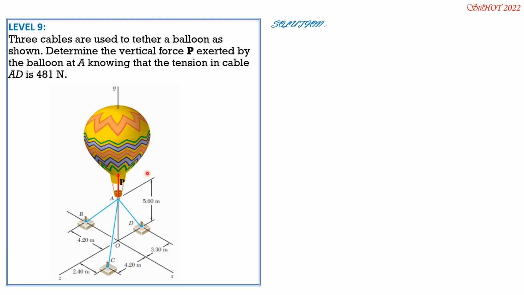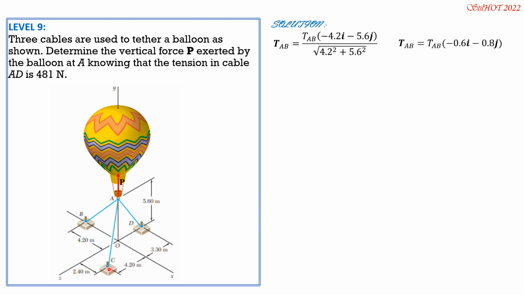Tension AB first. Take note the orientation of the axis is different. Tension AB in vector form is the magnitude of tension AB times negative 4.2 i negative 5.6 j over square root of 4.2 squared plus 5.6 squared. Simplifying, tension AB is the magnitude of tension AB times negative 0.6 i negative 0.8 j. Next is tension AC.